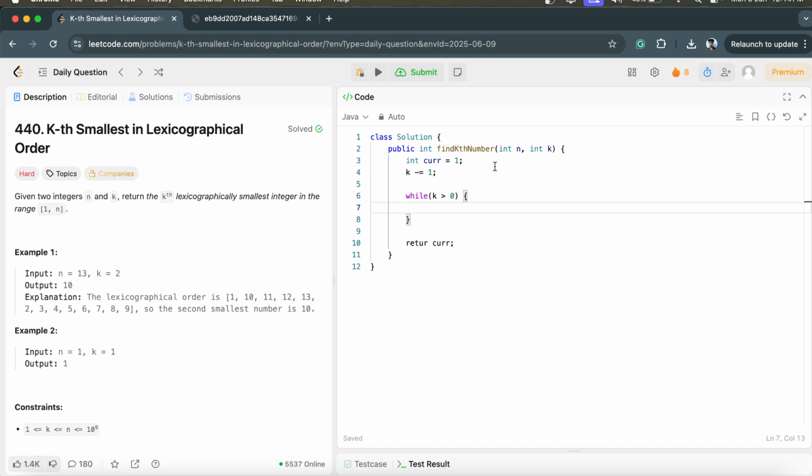We are doing some calculation and the k value should be greater than 0. Since k is reduced by 1, now k is basically 0 for this particular example. So n is 1, current is pointing to 1, k got reduced to 0. We will not enter into this while loop and we will simply return the answer that we have. For that we are running this while loop and decrementing the counter.